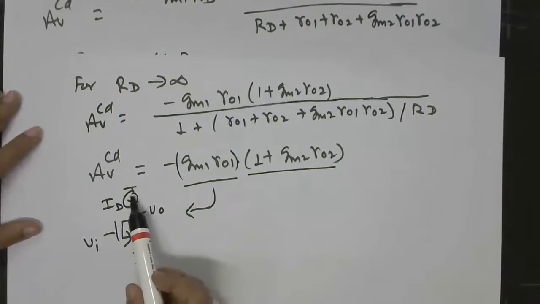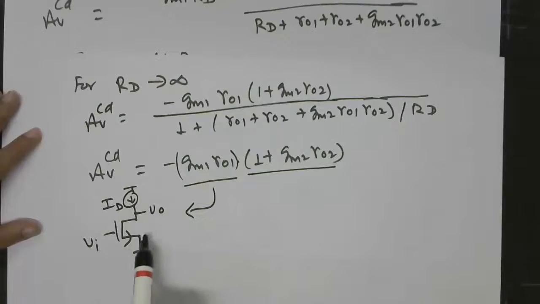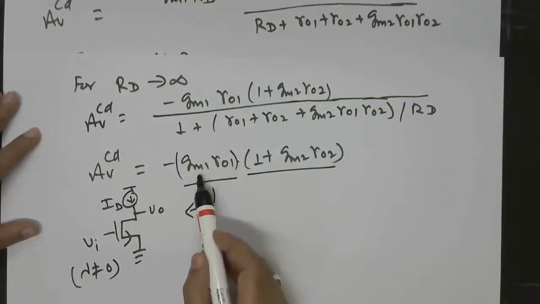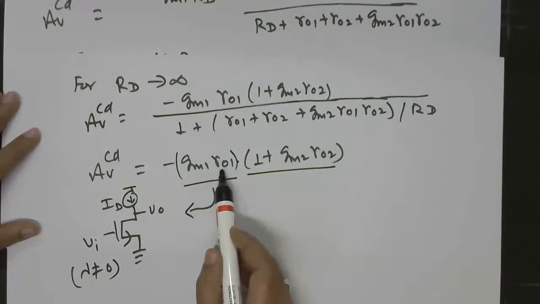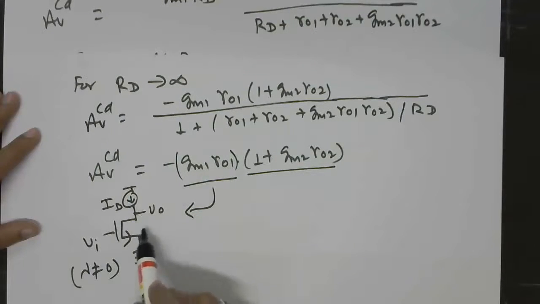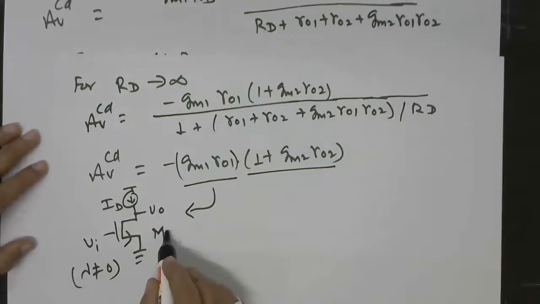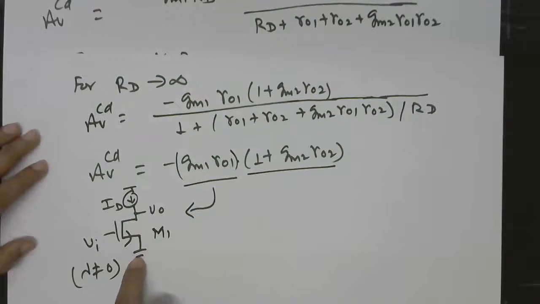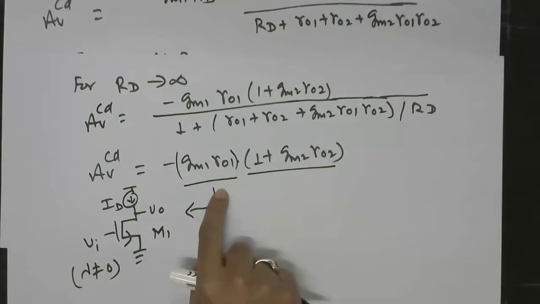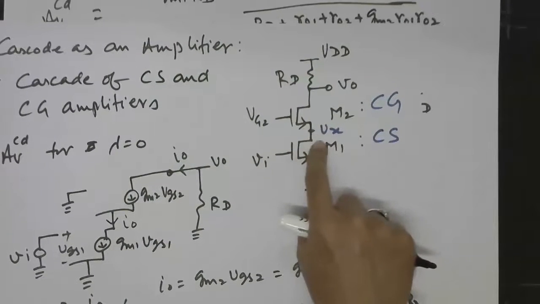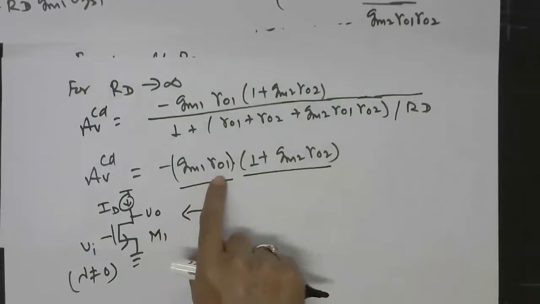So you have an ideal current source load, and then this MOS has channel length modulation, and the voltage gain that you will get in this circuit is going to be exactly equal to gm1 into ro1, where ro1 is the ro of this first MOS. So this is M1, the bottom MOS of the cascode. This MOS between Vi and Vx gives you a gain equal to gm1 ro1.